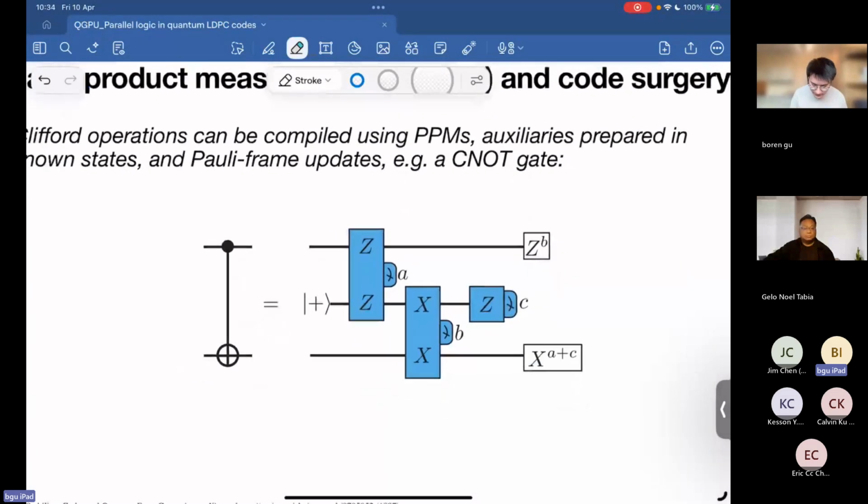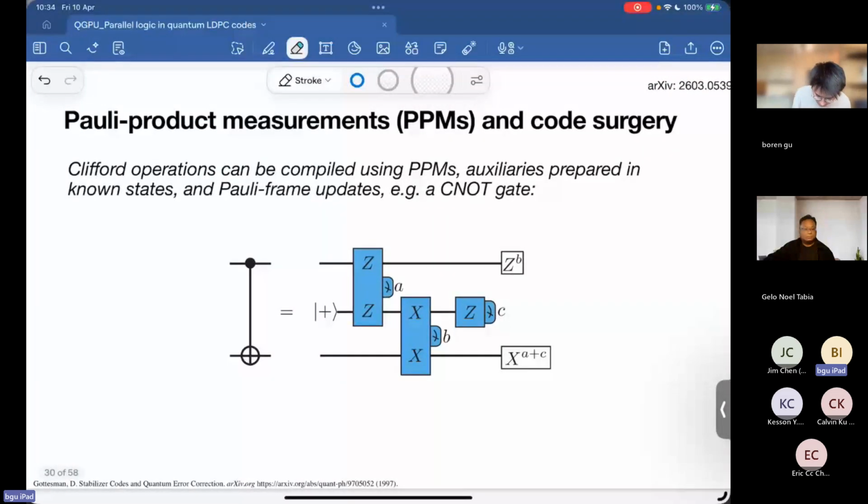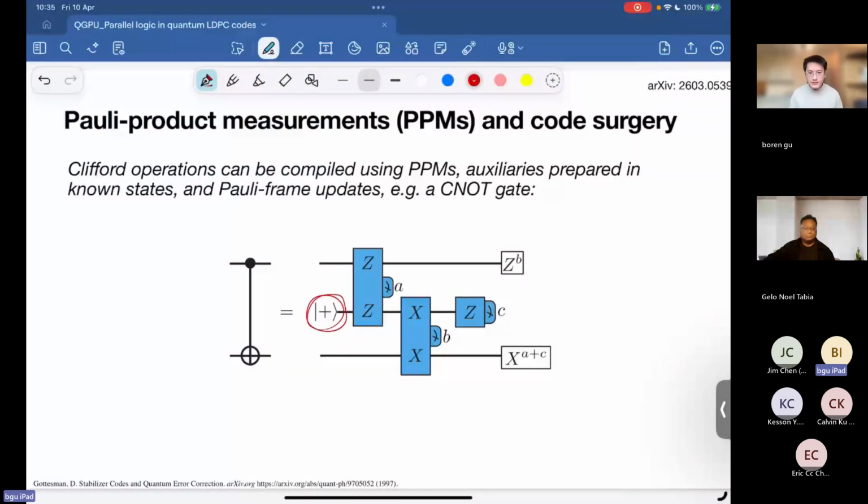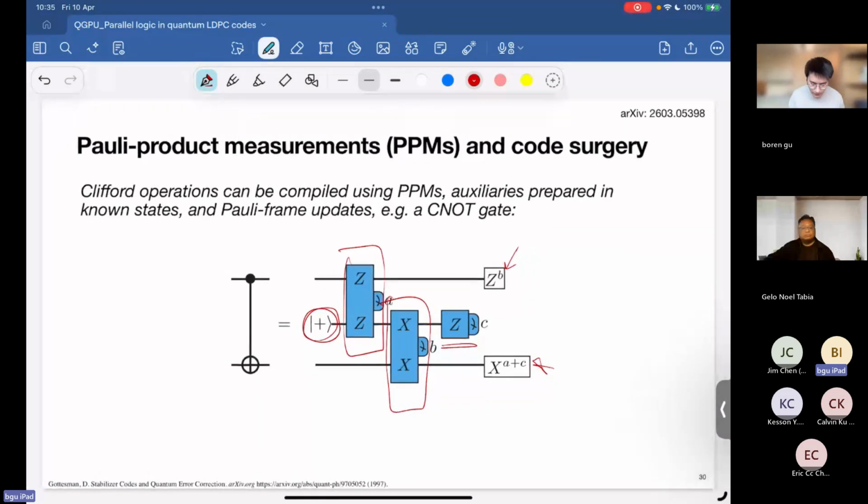For example, for a CNOT gate, we initialize an auxiliary, and we measure the joint Pauli, or the PPM, in Z basis and X basis, and then measure out this auxiliary in Z basis, and we do some Pauli correction on the data qubits. Then we are able to do this CNOT. So this is true on both the physical and logical level.